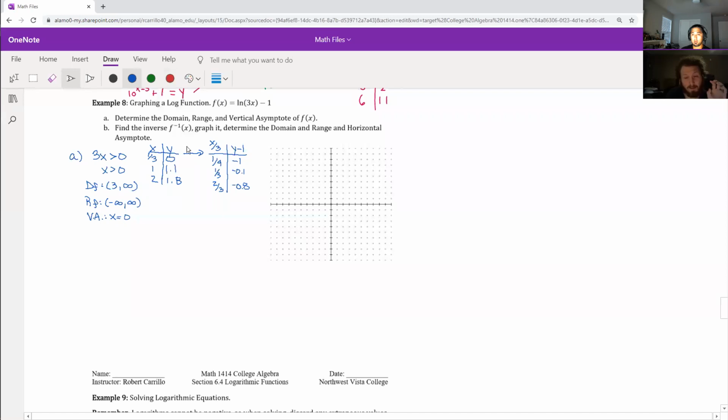Before I graph this, because the numbers are a little wonky, I'm going to see what the inverse is doing so I can make a better decision about what I want my scale to be. So we have to find our inverse first, right? So we'll have y equals ln(3x) minus 1. Swap our variables.